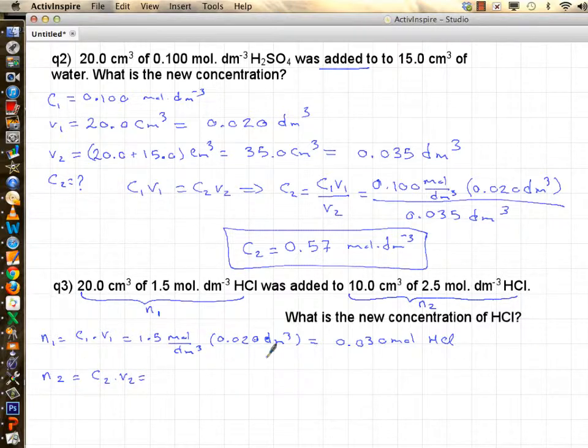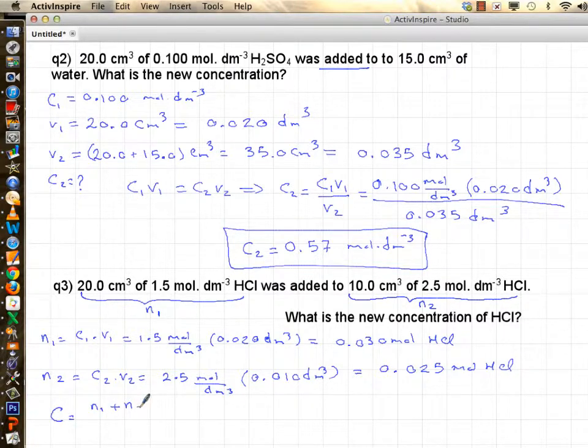In this case, you have 2.5 mole per decimeter cube, multiplied by 10 centimeter cube, which is 0.010 decimeter cube. When you do this, you will get 0.025 moles of HCl.